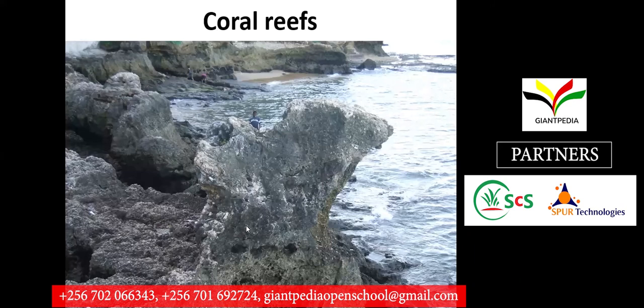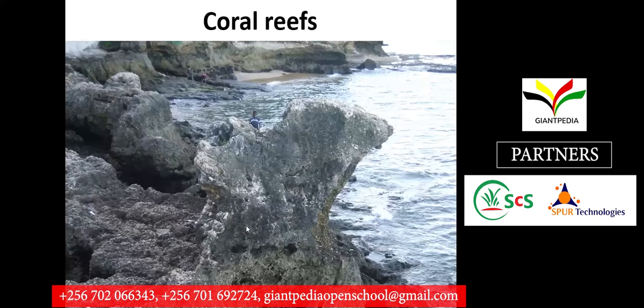Is it a must that coral reefs be near water bodies? Yes, coral reefs have to be close to tropical marine water bodies, not any water body.